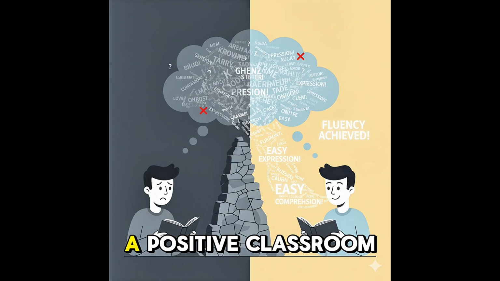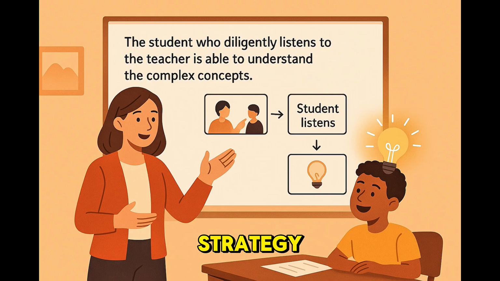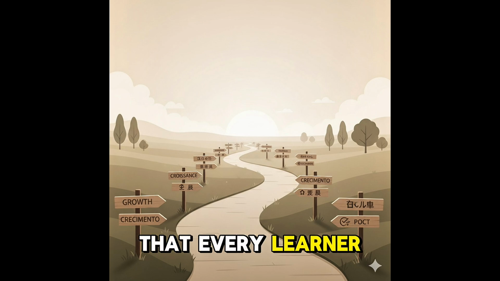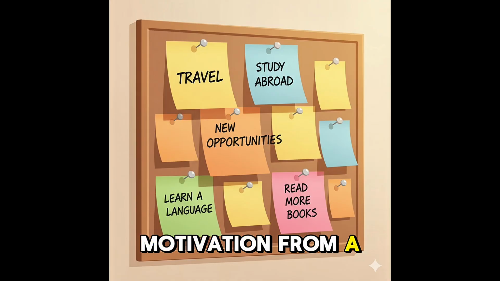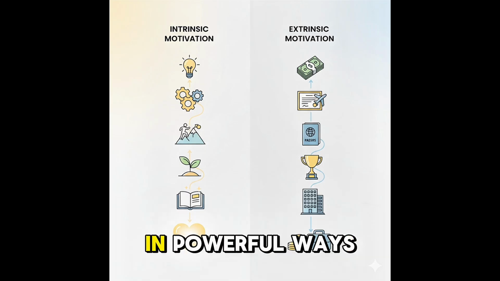Creating a positive classroom atmosphere is not just a teaching strategy, it's a requirement for learning. Finally, we realized that every learner has a unique story. The professor sees motivation from a professional perspective, while the student sees it from his own life goals. Both are valid, and both shape the learning process in powerful ways.